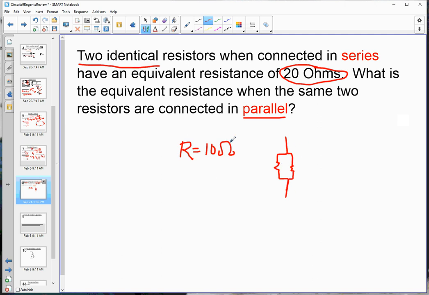Well, on your calculator, if you do 10 inverse plus 10 inverse, and then after you hit enter, hit the inverse button again, and your calculator will say answer inverse, and you will get 5 ohms.